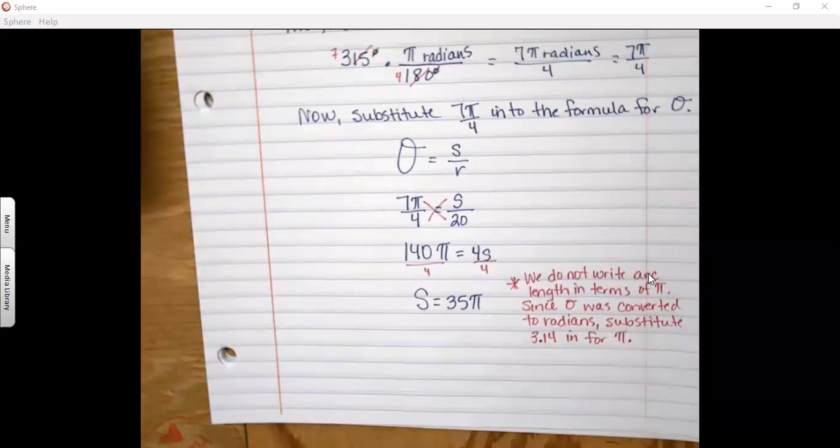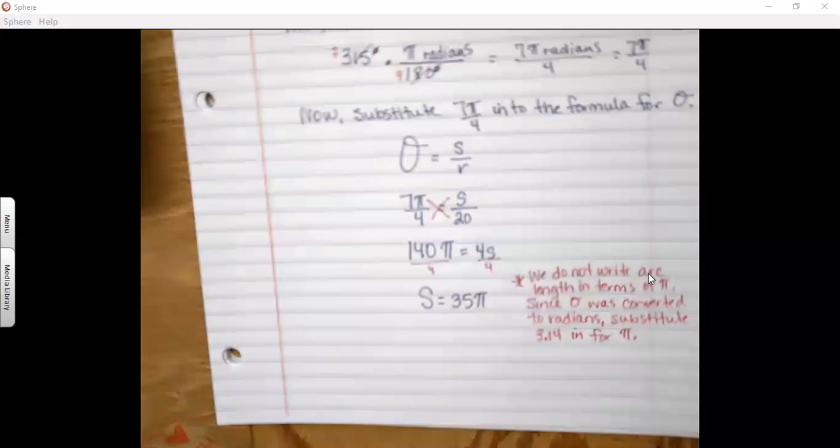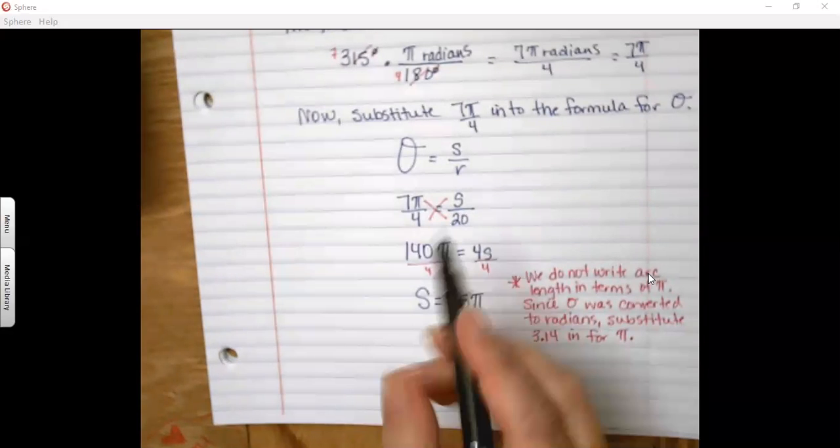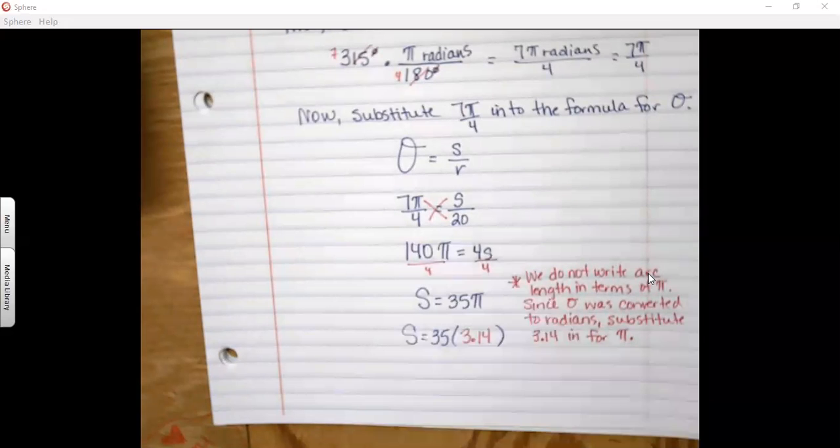So that would be S equals 35 times 3.14. Multiply that together, and I'm going to have to round. So my arc length is approximately 109 and 9/10 inches, because the radius was in inches, so we know that our circumference is also in inches.